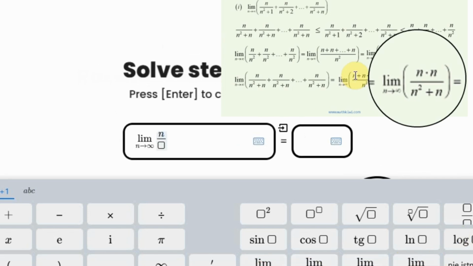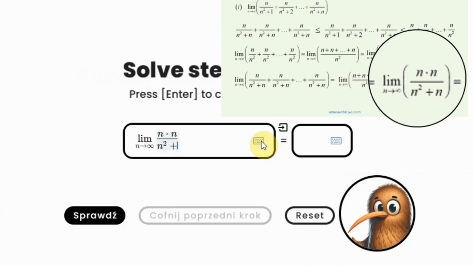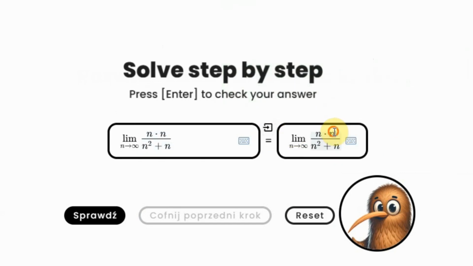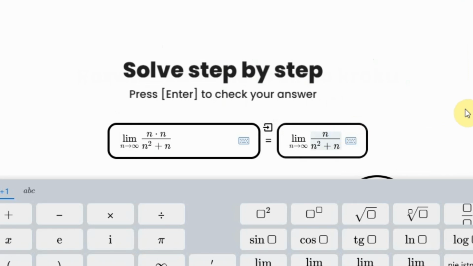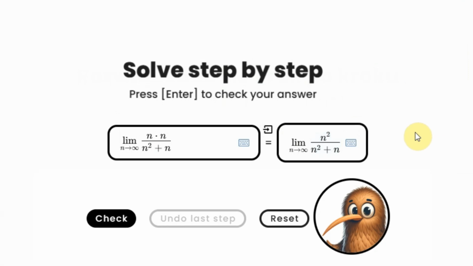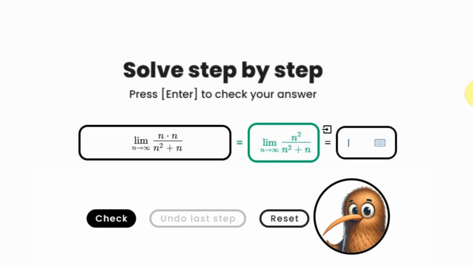In the numerator it was n times n, and in the denominator n squared plus n. Such a limit to calculate. At the top, n times n is obviously n squared, right Kiwi? We are right, because Kiwi is giving us the green light.